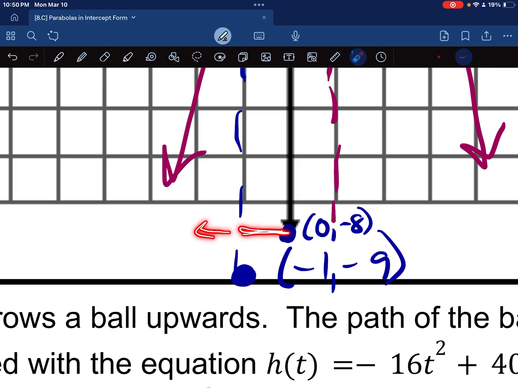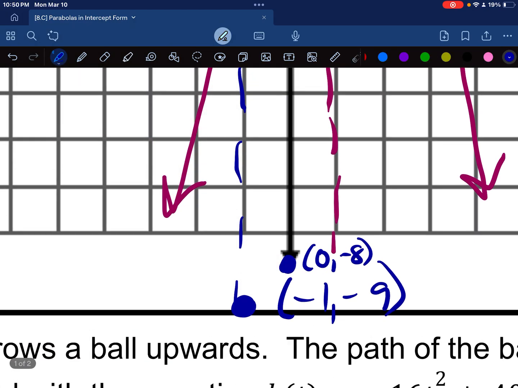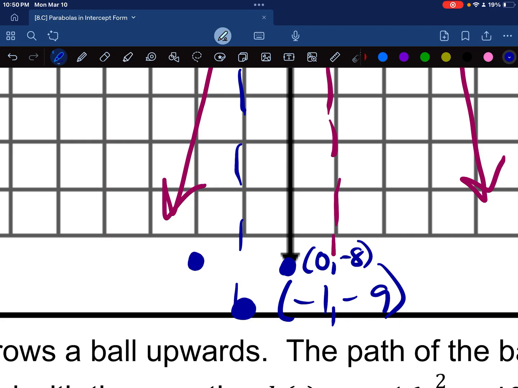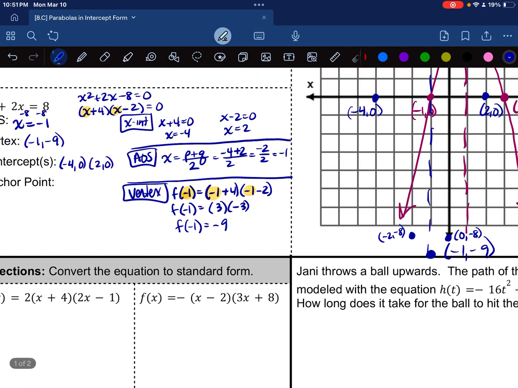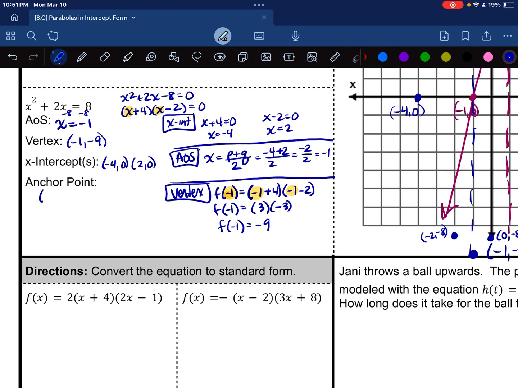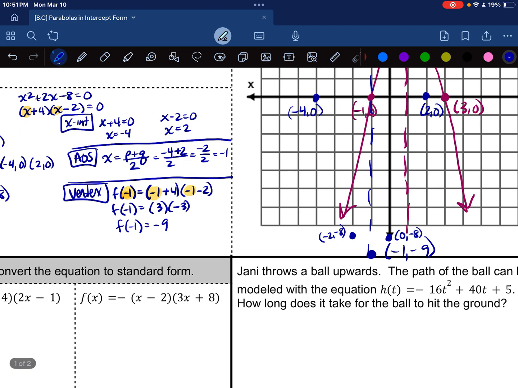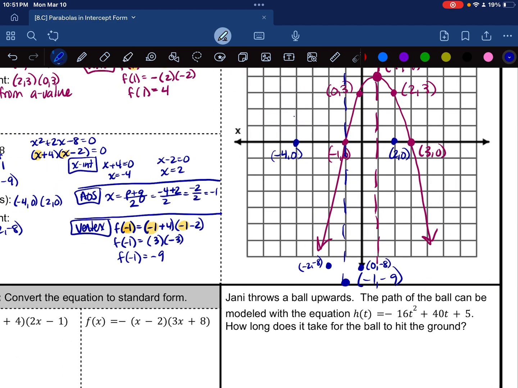So if I go 1 box to the left, which puts me right here at negative 2, negative 8, I have a fifth anchor point. So my two anchor points were 0, negative 8, and negative 2, negative 8, and there's my 5 anchor points. We're going to draw that U in there with arrows.